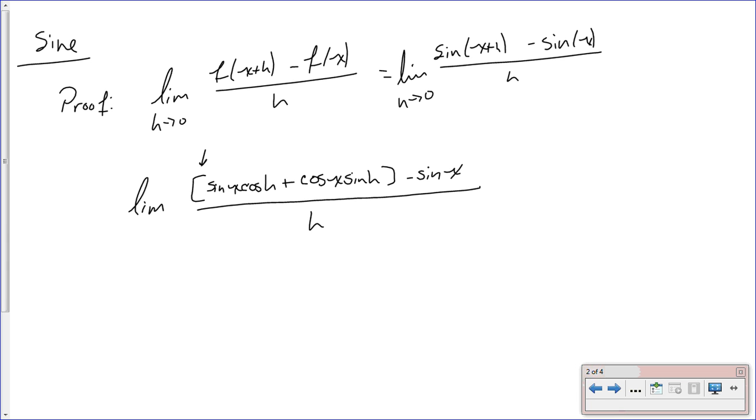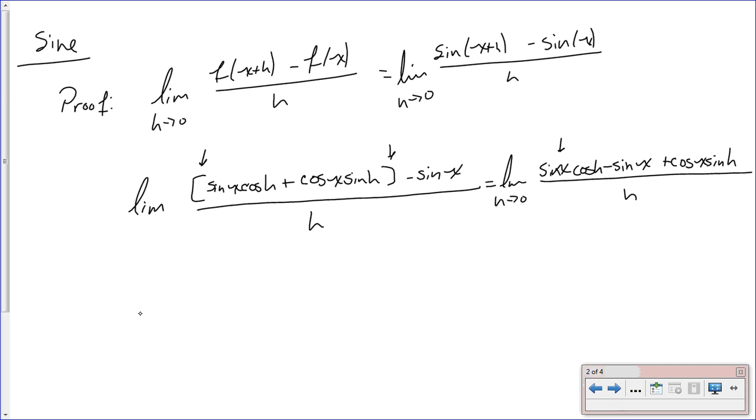Now, since we really don't need these parentheses, I'm going to rewrite this. Limit as h approaches 0 all over h of the sine of x cosine h. Now I'm going to bring this minus sine x over here because we have a sine x right here, and I can factor it out and it'll make the problem a lot easier. Plus the cosine of x sine h.